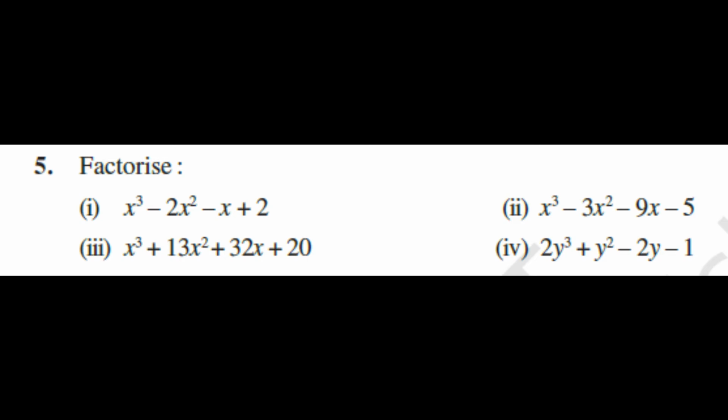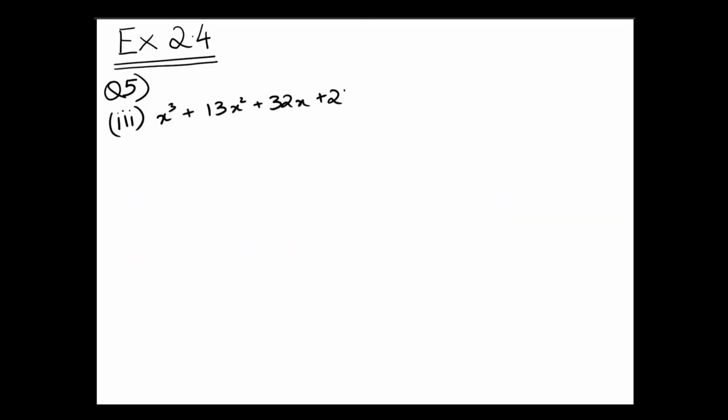The third part is the polynomial x cube plus 13x square plus 32x plus 20. Now here in the final constant term 20, this can have multiple factors, and I'll list them down over here.